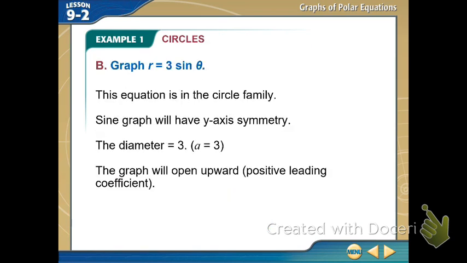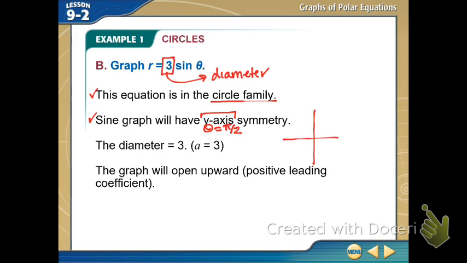All right, so next example, let's graph r equals 3 sine theta. So again, this equation is in the circle family, and this sine graph will have y-axis symmetry, or theta equals pi over 2 symmetry. We still have a diameter of 3 because the leading coefficient is 3. And the graph will open upward because we have a positive leading coefficient. So we're expecting our graph to look something like this.